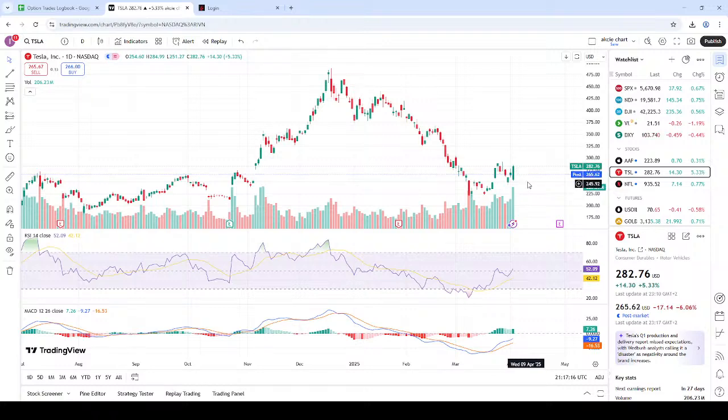I'm comfortable selling for 285, as the price when I bought the Tesla stocks was below 285. So I would be earning on the stock itself, but I would also be getting quite nice premium.